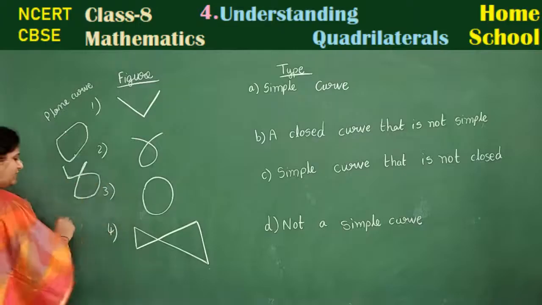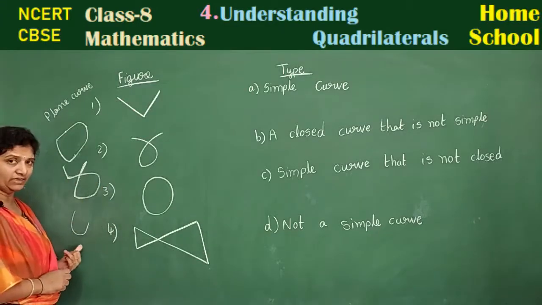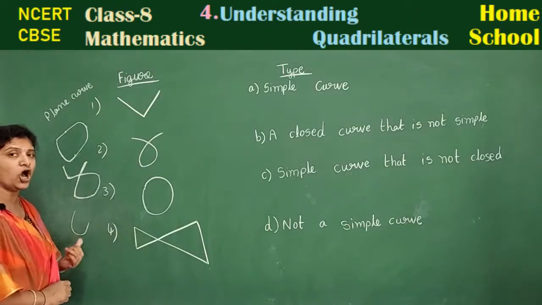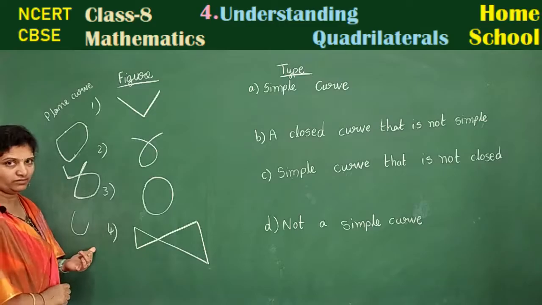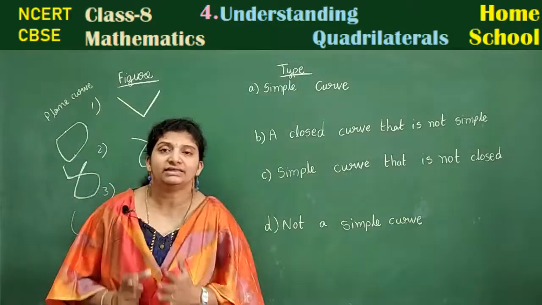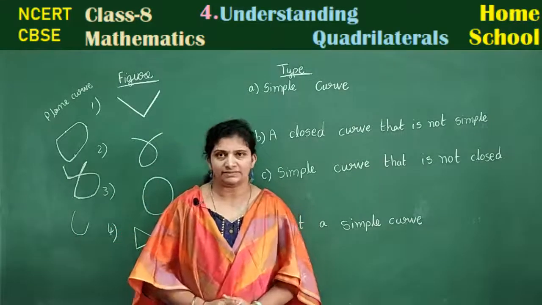Suppose if I draw like this, it is a simple curve which is open, or not closed. First you need to understand these curves, then we can go with the polygons.